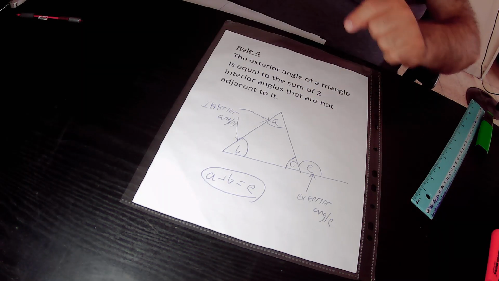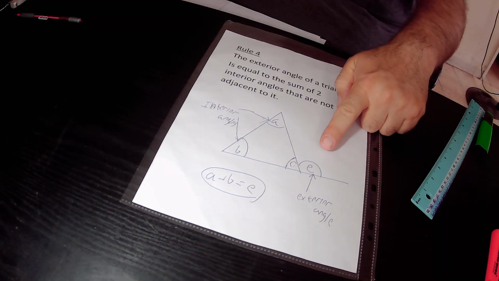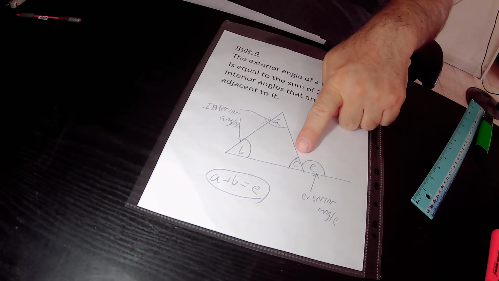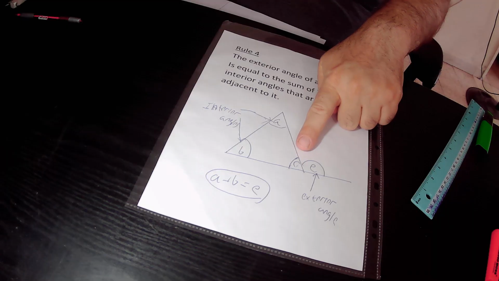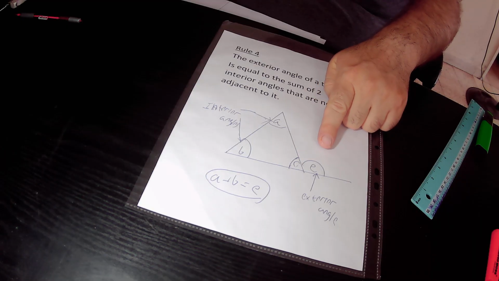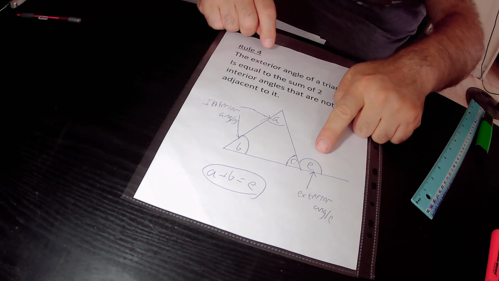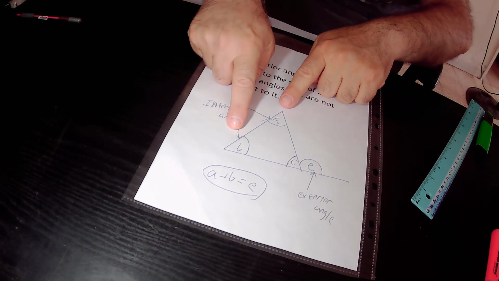And according to this rule 4, the size of the external angle E is equal to the sum of the two interior angles that are not adjacent to it. This is angle C. Angle C is adjacent to angle E. The two other interior angles that are not adjacent to angle E are A and B.